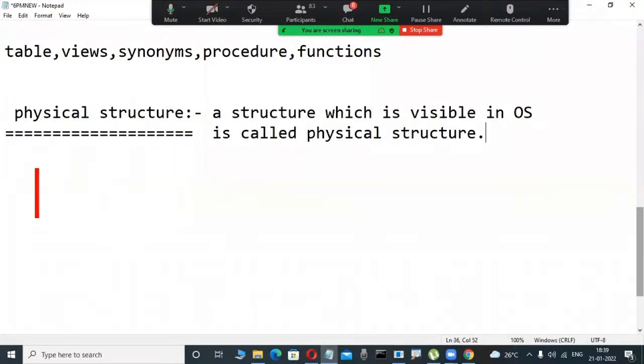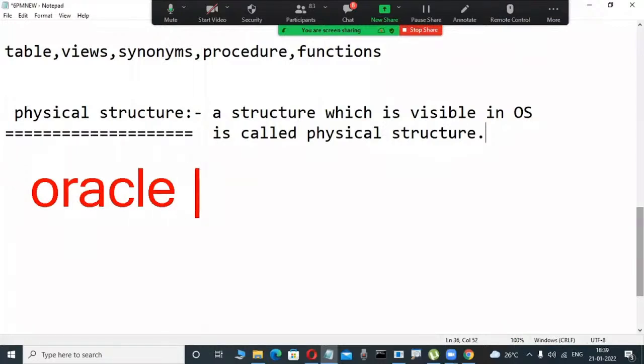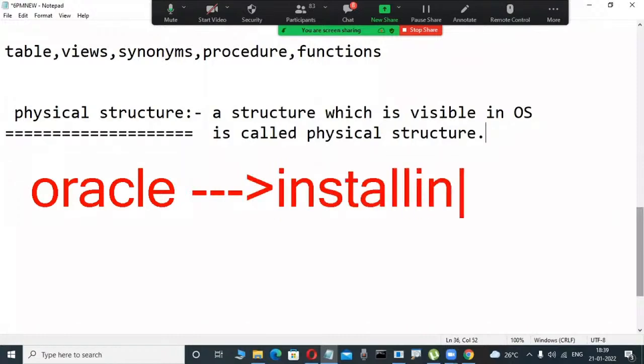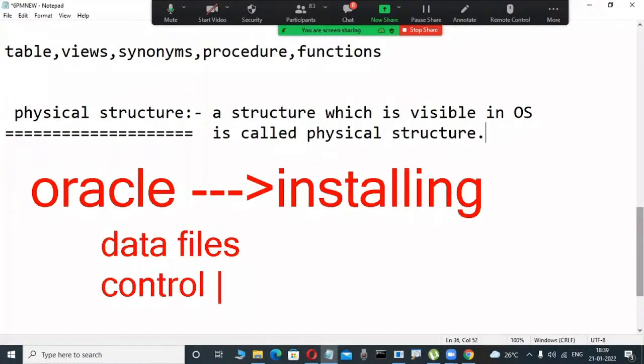Same like that, Oracle is a relational database software. MySQL, SQL Server, we are installing, for example. Whenever I'm installing Oracle, automatically some physical files are created: data files, .dbf files, control files, and redo log files.